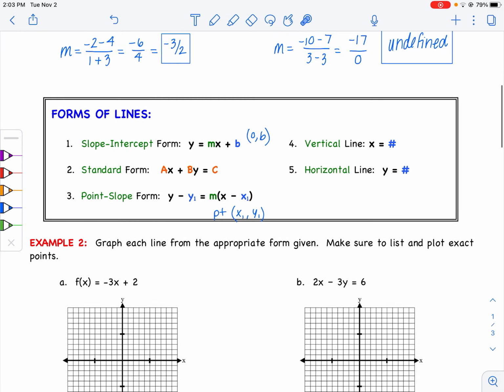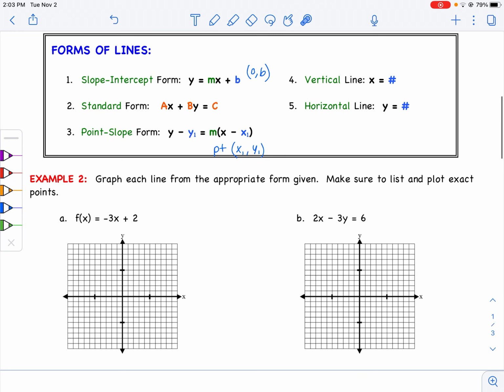So let's try a couple. We're going to graph each line in the appropriate form. Make sure to list and plot exact points. Okay, couple things to do here. First, this form is slope-intercept. I know that because it's in the form of y equals mx plus b.